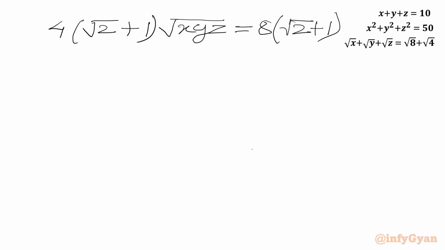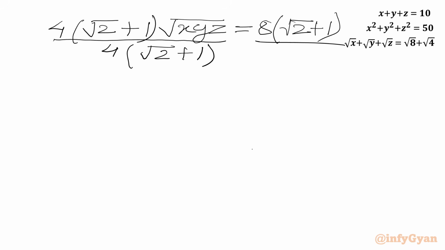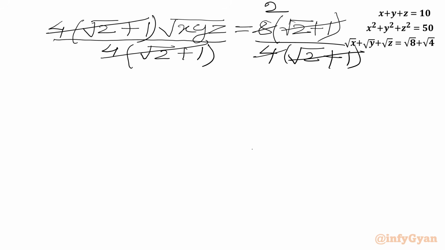Let's divide both sides by 4 times (root 2 plus 1). So we will write here 4 times (root 2 plus 1). Here also we will divide by the same 4 times (root 2 plus 1). These two will cancel. Here 8 over 4 will give us 2.